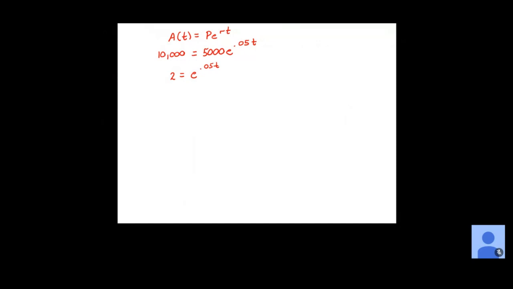All right, so then if we're trying to solve for t, what are we going to have to do next? Natural log, good. And in this case, you definitely would want to use a natural log just because our base is e. So I'm going to take the natural log of 2. I'm going to take the natural log of e to the 0.05t.